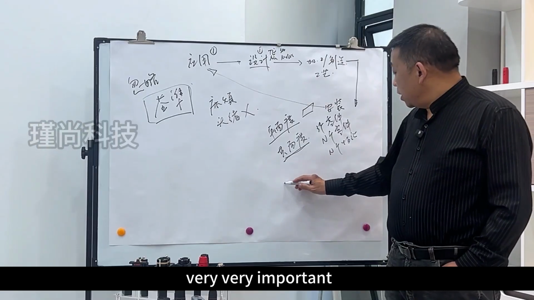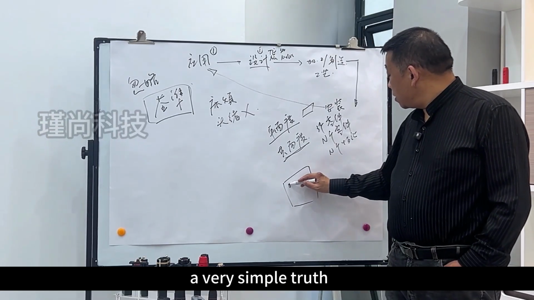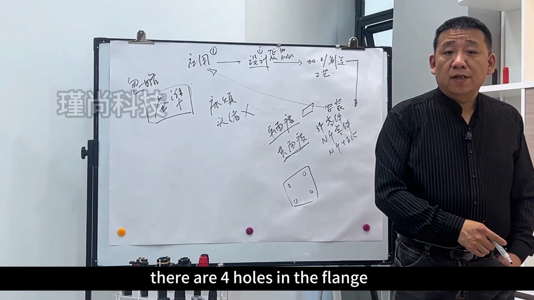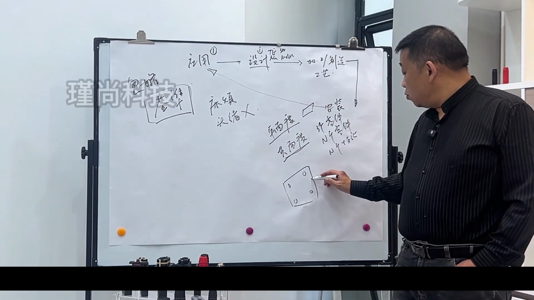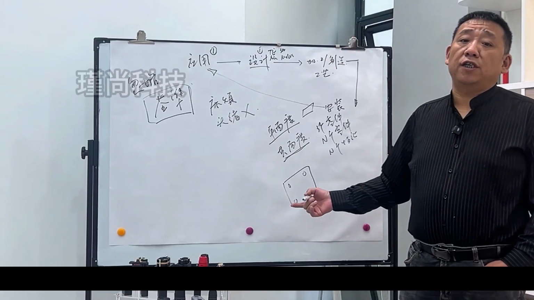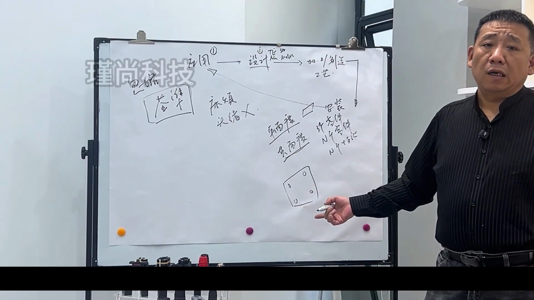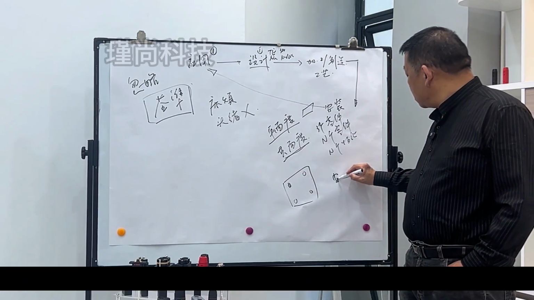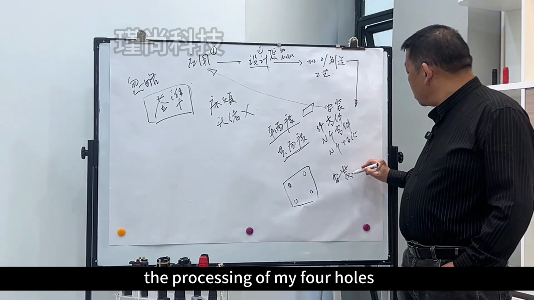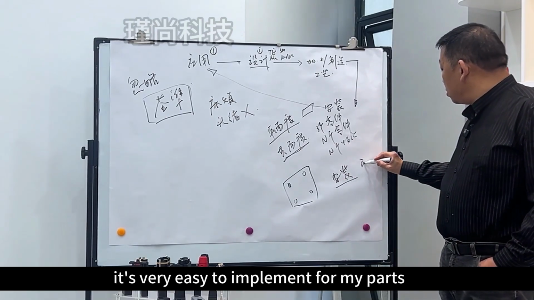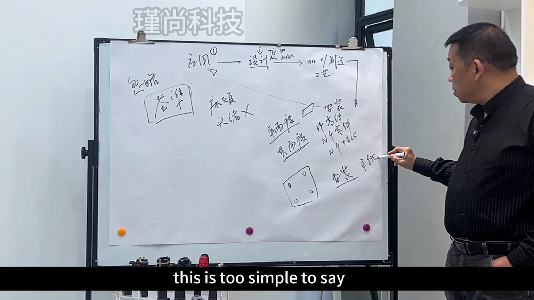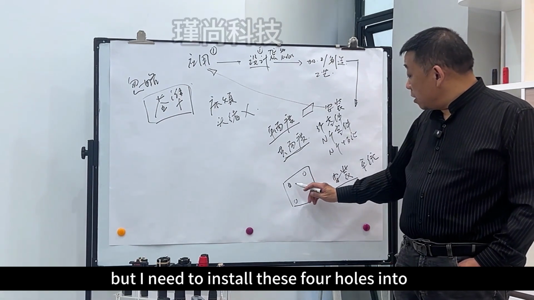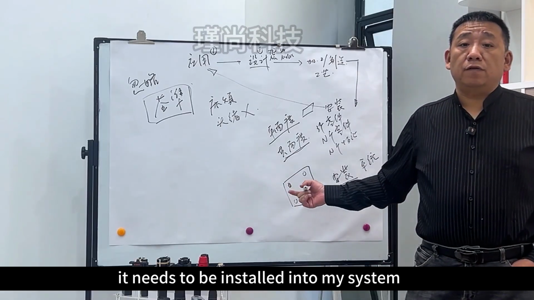A very important, very simple truth: my connector has a flange on it, and there are 4 holes in the flange. The processing of my 4 holes is very easy to implement for my parts. This is too simple to say, but I need to install these 4 holes into my system.